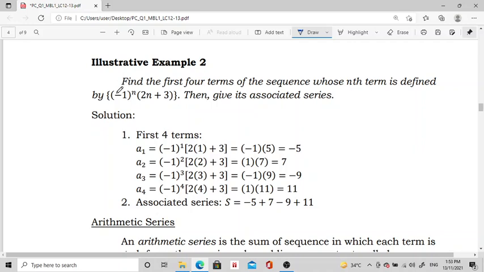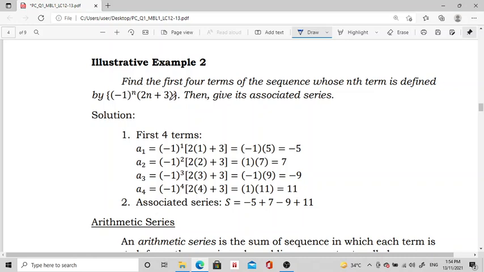As you can see here, in our general term, we have a factor negative 1 raised to n, the quantity negative 1 raised to n. This is somehow familiar to us. Alam natin na when we raise negative 1 to an odd power, an odd number, we know that the sign will remain negative. But if we're going to raise it to an even power, we know that the sign will be positive.